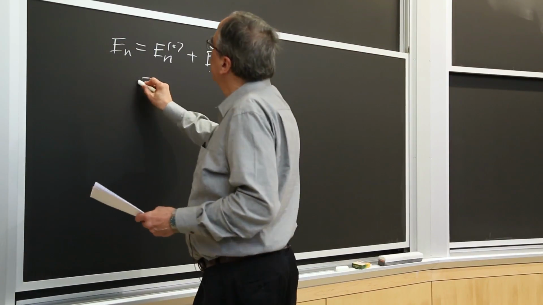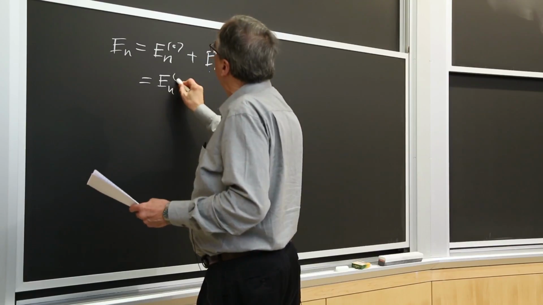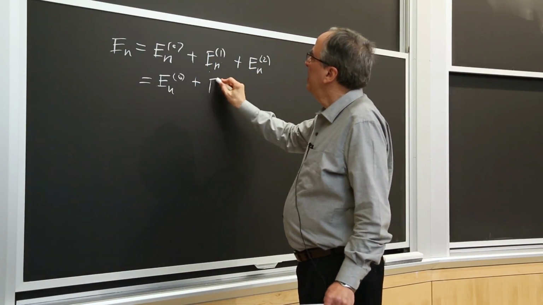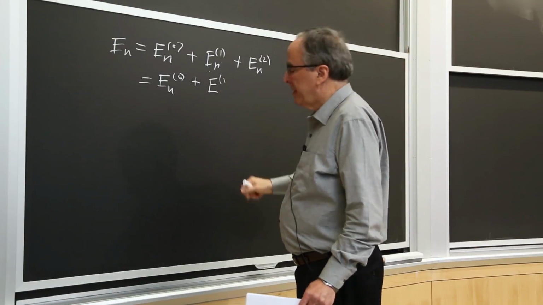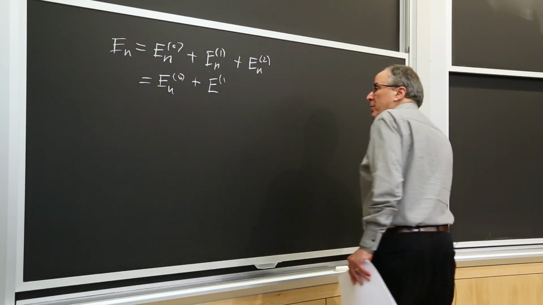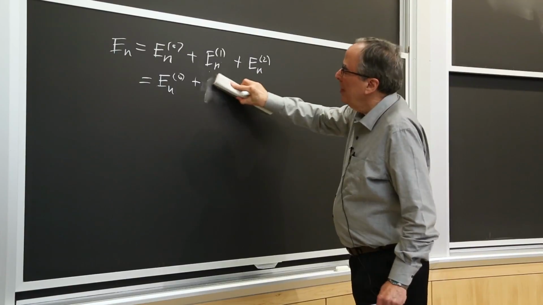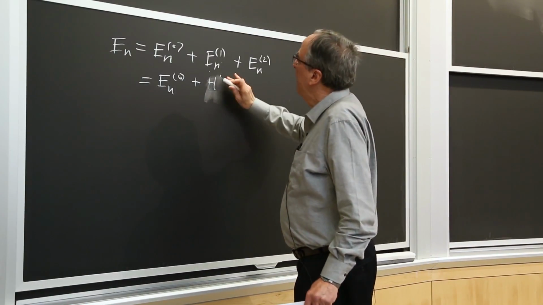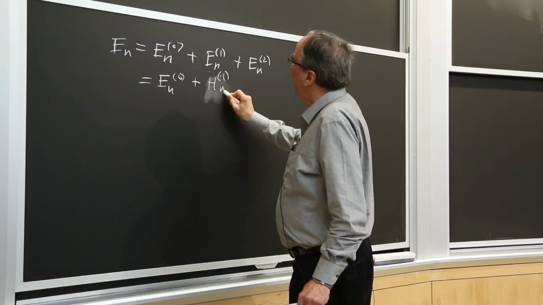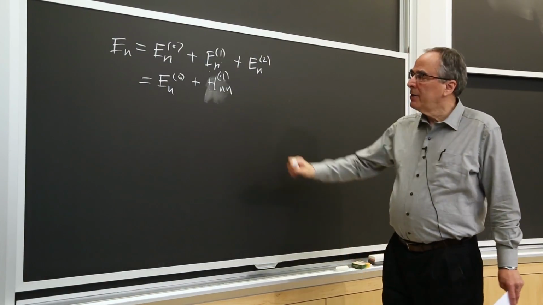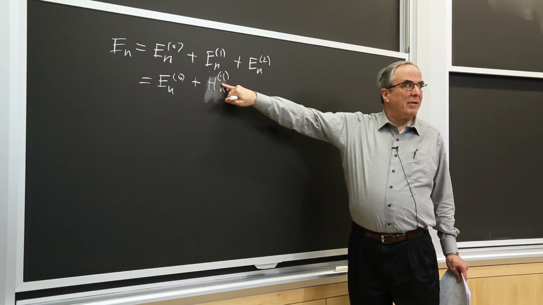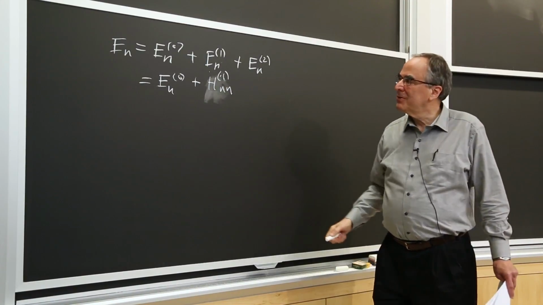Okay, and this is equal to the zero order energy, the zero order energy which comes from an exactly solved problem. And then the diagonal matrix element of everything that's bad in the world, the first order Hamiltonian.